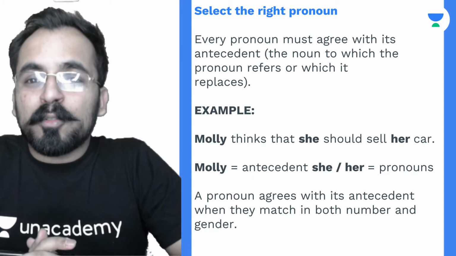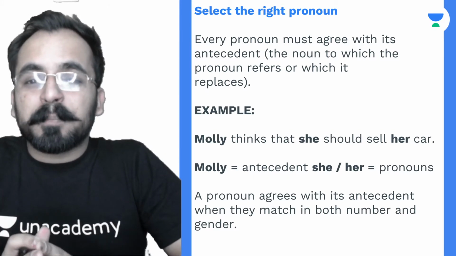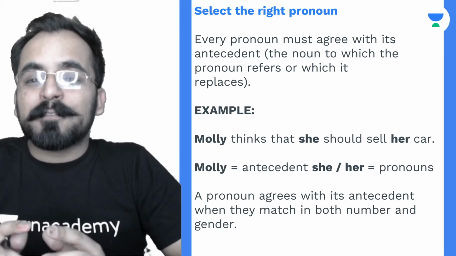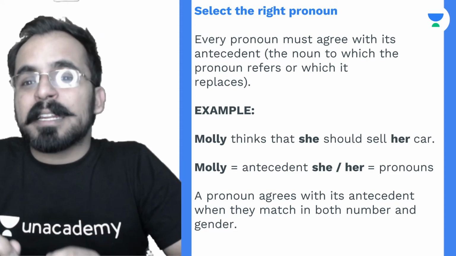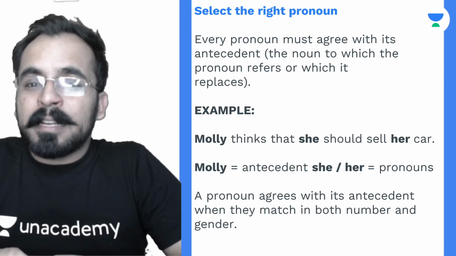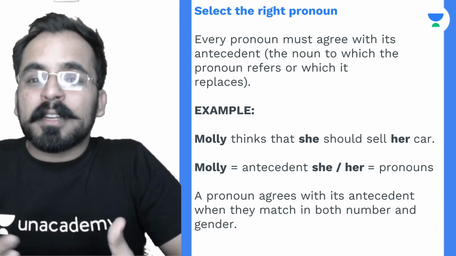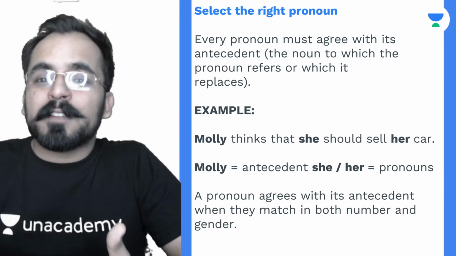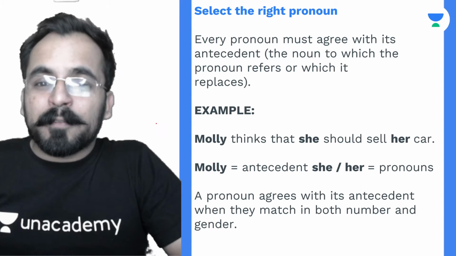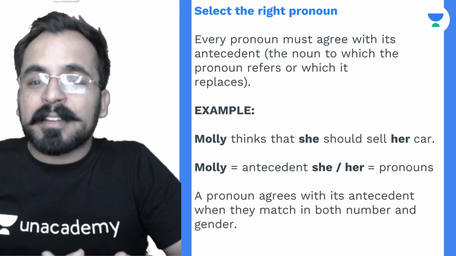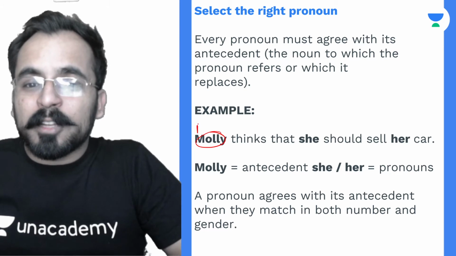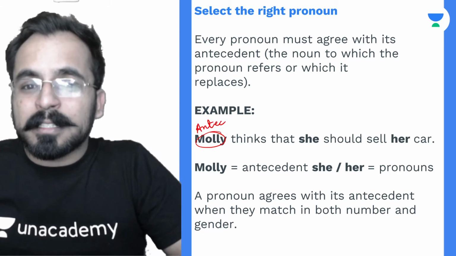Now before you do the pronoun antecedent agreement, you have to make sure that every pronoun agrees with its antecedent. Right? Antecedent, as I told you, is the noun which the pronoun refers to or which it replaces. For example, Molly thinks that she should sell her car. So what is your antecedent? Molly is your antecedent.